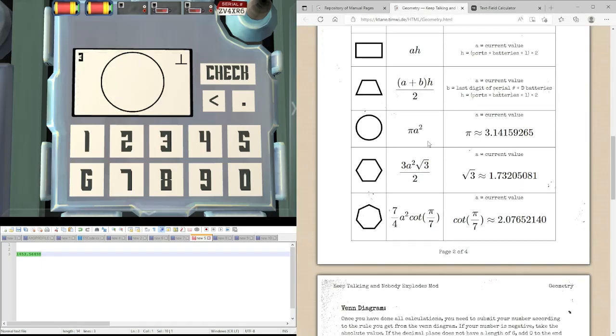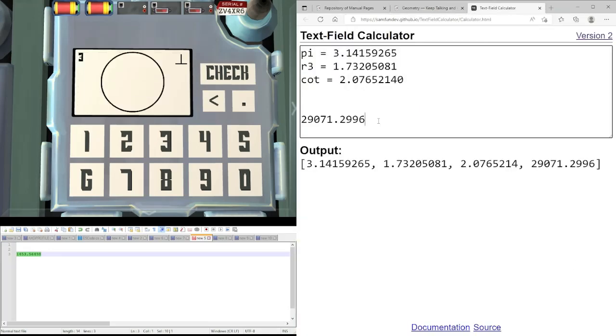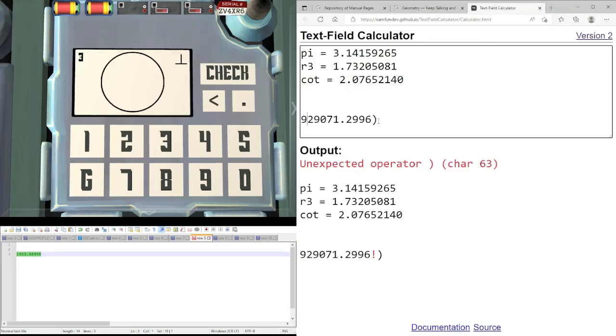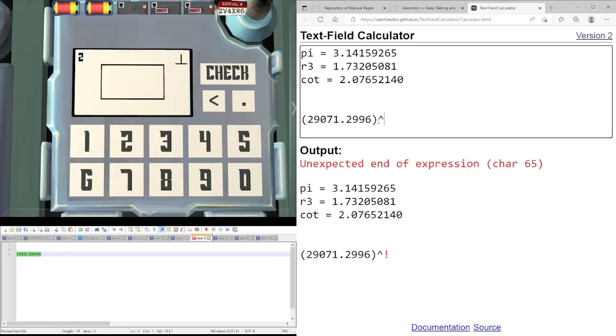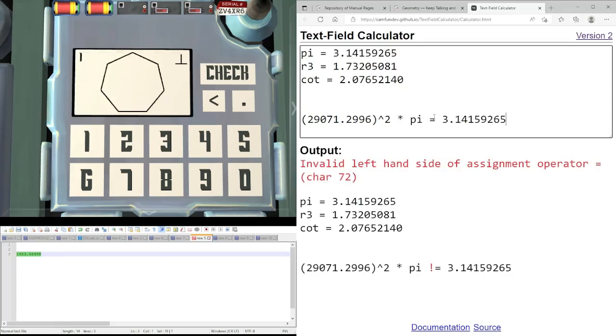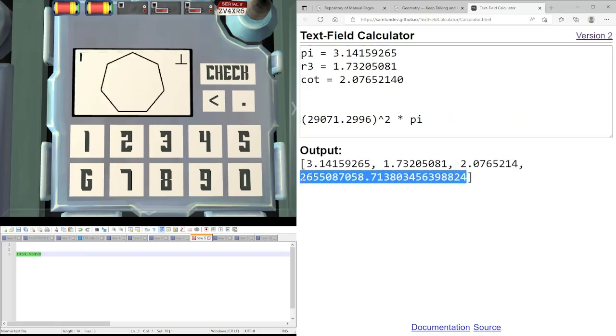And now we have the circle, which all we're going to do is take this number and square it, and then multiply it by our given value of pi. And we get this nice long decimal.